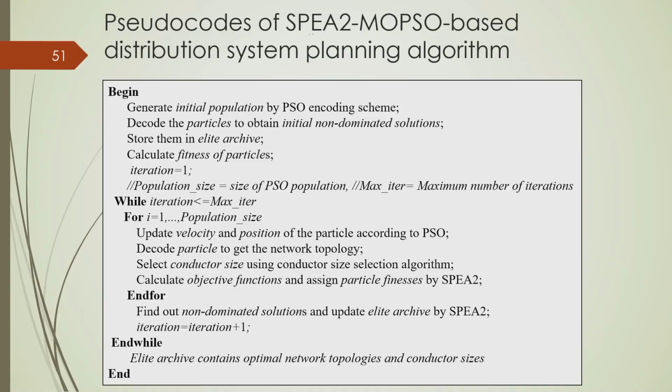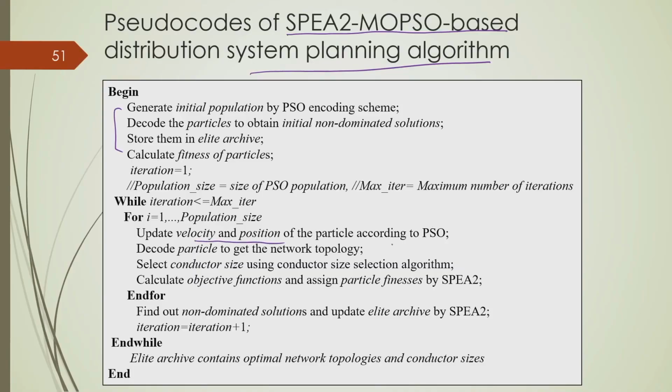Okay. So, this is the pseudo code of SPEA2 based multi-objective particle swarm optimization for solving this distribution system planning problem. Here again we initialize the population size of the PSO, and we also initialize the maximum iteration beyond which the program will be terminated, and we update the velocity and position of the particles according to the PSO principle that we have already mentioned.